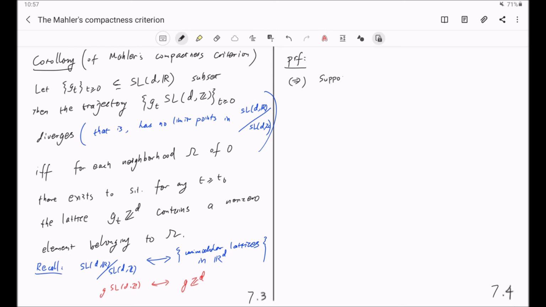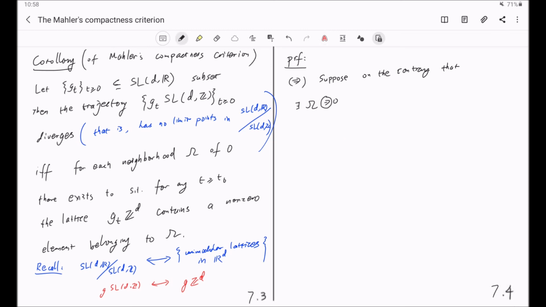Suppose, on the contrary, that there exists a neighborhood omega of 0. I use this circle to denote the neighborhood; the circle looks like the initial of the word open.